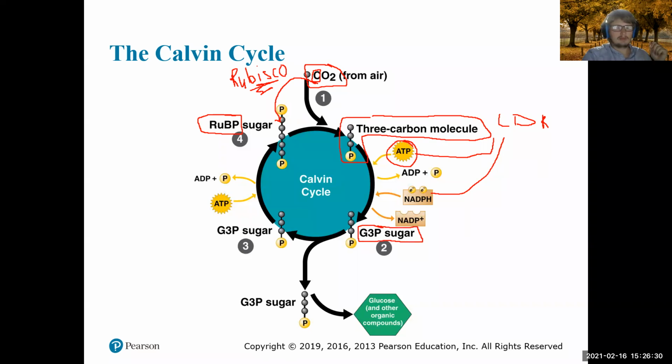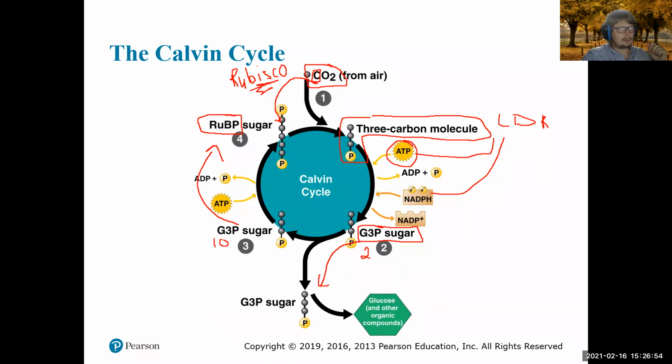Now, if I remember the numbers, I think it's 12 of these G3P sugars are made. 10 of those will go on to be recycled into an RUBP sugar. 2 of those will go on to make glucose.